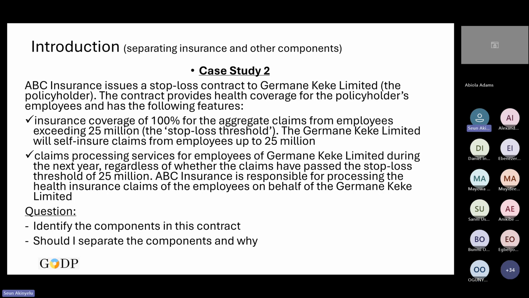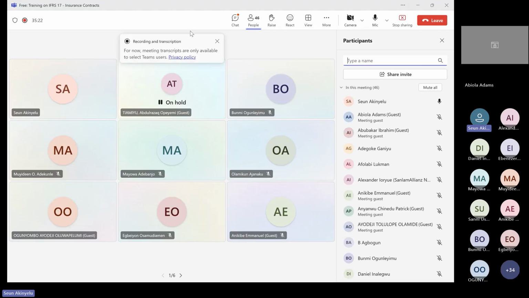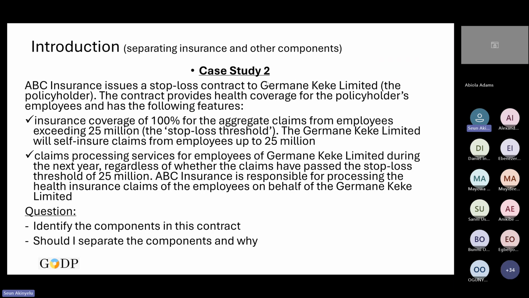Okay, any other person wants to just give it a try? Just remember, it's all one contract. The question now is, should we break the contract into two, or should we treat it as one? Any other person? Thank you very much, sir. Any other person wants to give it a try?